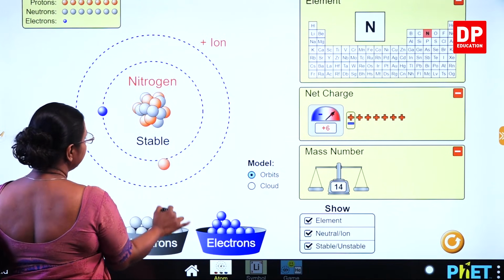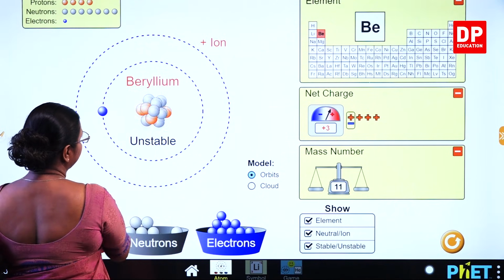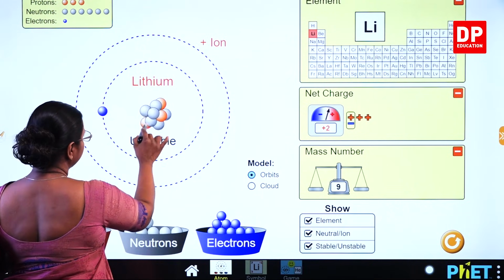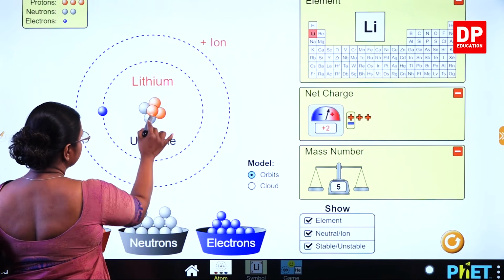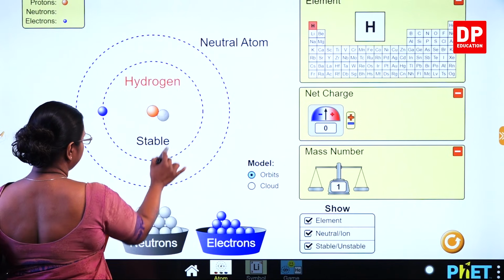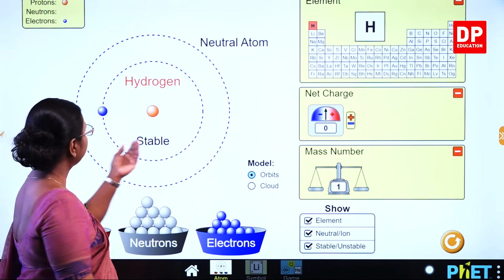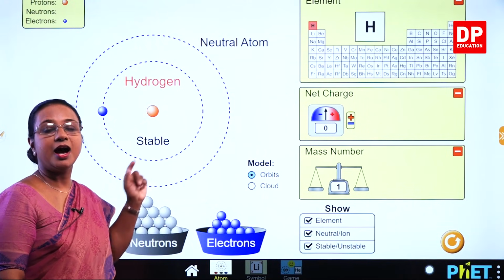Here you can see when we keep on removing the subatomic particles, the elements change, that you can observe there. So, different elements with different combinations of subatomic particles. Now, we have come back to the simplest basic element, hydrogen.